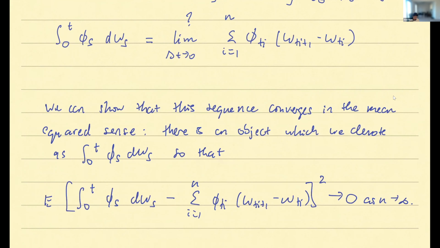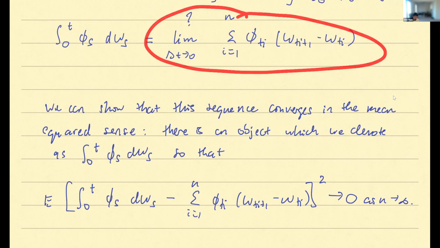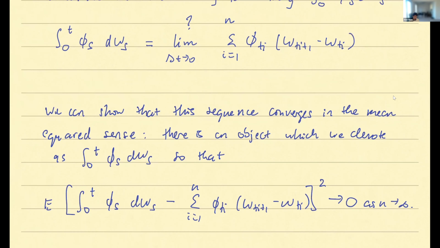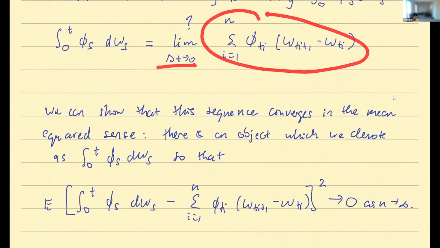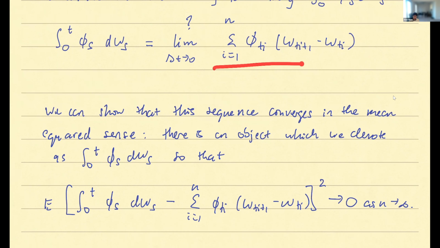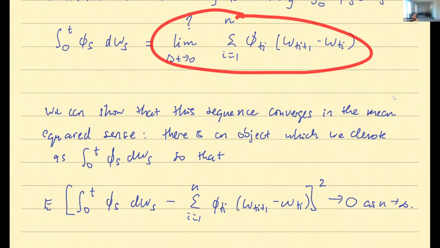So basically, you cannot define the limit here pathwise. It's not clear, because Brownian motion is not differentiable, that this sum will converge path by path.